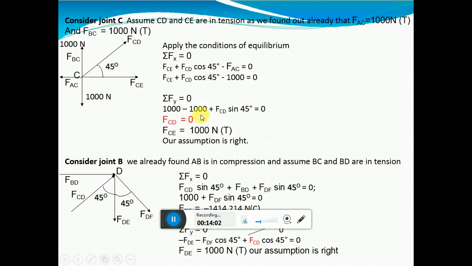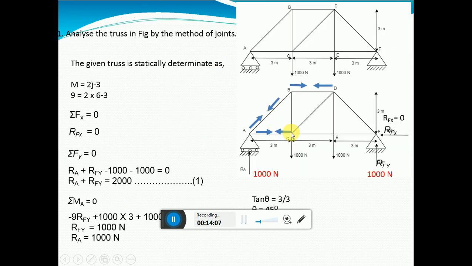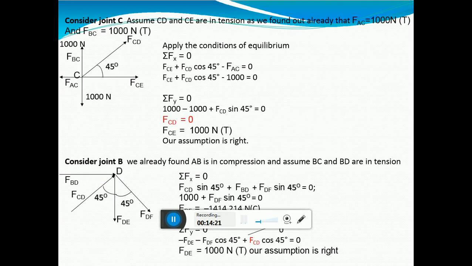Next, moving on to the C joint. In the figure you see C joint. There is a force FAC, consider it as moving outside. BC, CD, CE. These many forces are there. So, considering the joint C, FAC is there, FBC, all are tension forces I will consider.